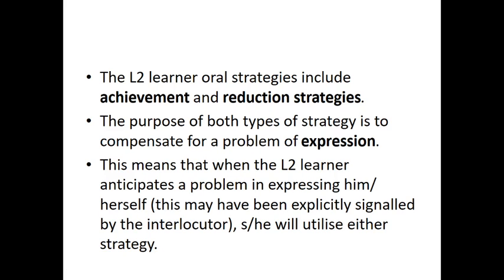The L2 learner oral strategies include achievement and reduction strategies. The purpose of both strategies is to compensate for a problem of expression. This means that when the L2 learner anticipates a problem in expressing him or herself, the person will utilize either strategy, achievement or reduction.